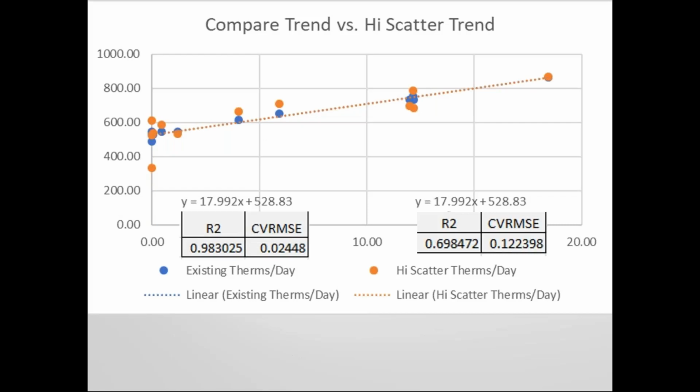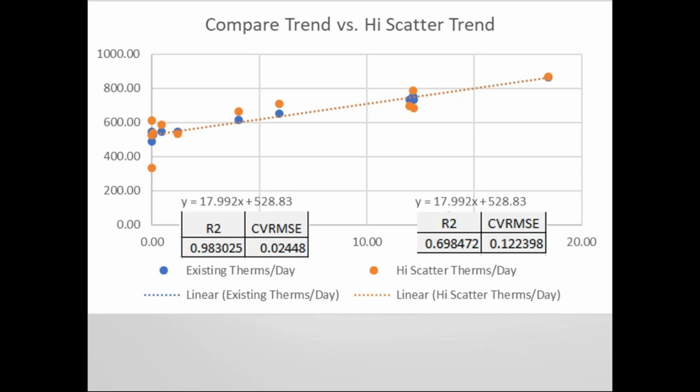So here I have two trends. Now, one trend has a higher scatter or higher CVRMSE. That's the second one, the orange one on the right. And they have exactly the same fit line equation. Same fit line equation, but one has more scatter than the other.